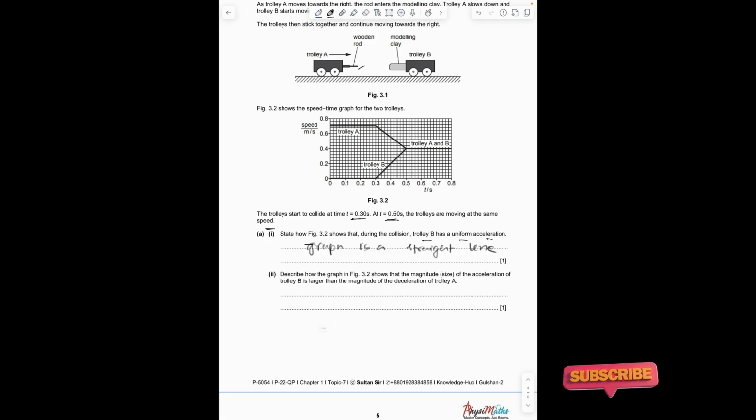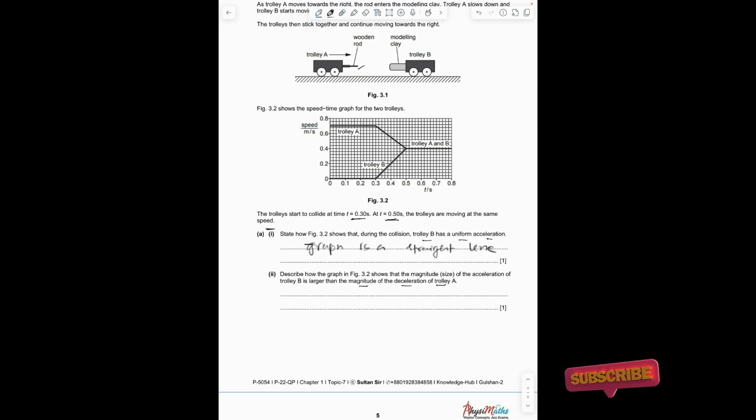Describe how the graph in figure 3.2 shows that the magnitude, that means size, of the acceleration of trolley B is larger than the magnitude of the deceleration of trolley A. Because the gradient is bigger, and the gradient of the speed-time graph is acceleration or deceleration.